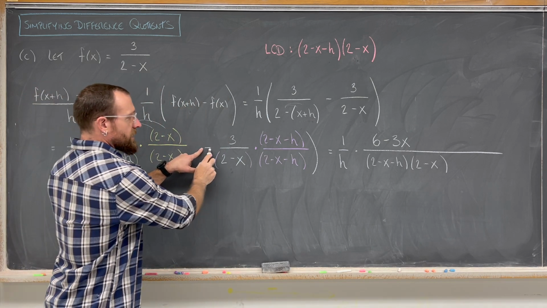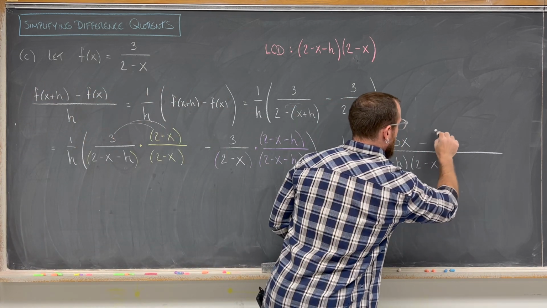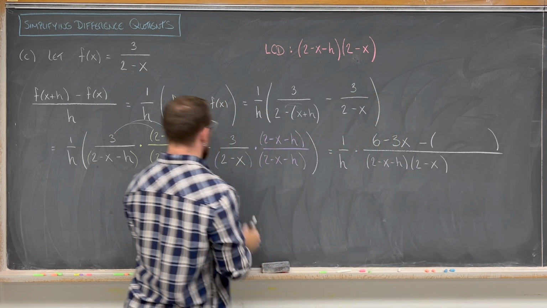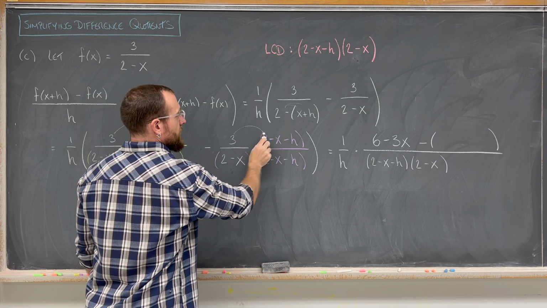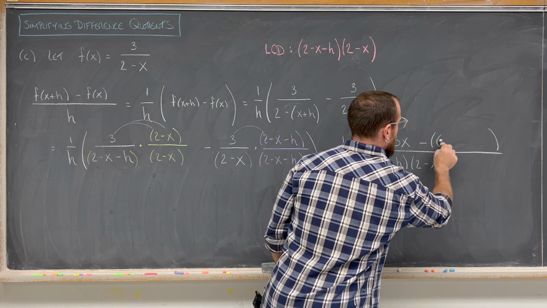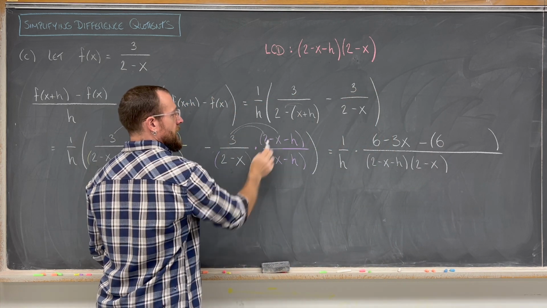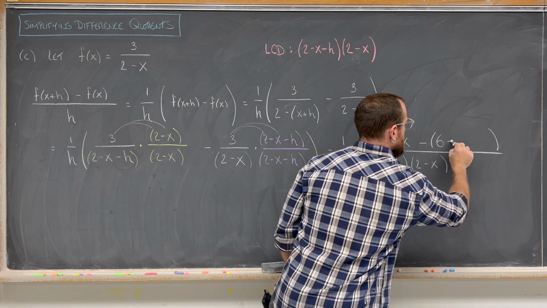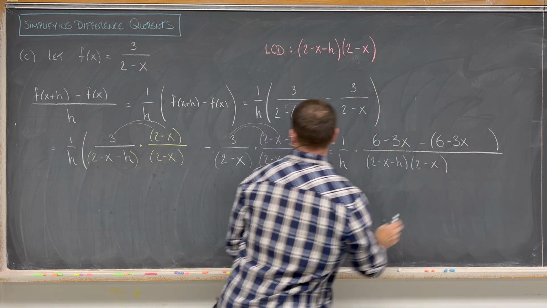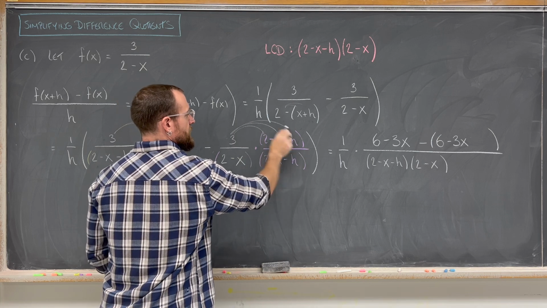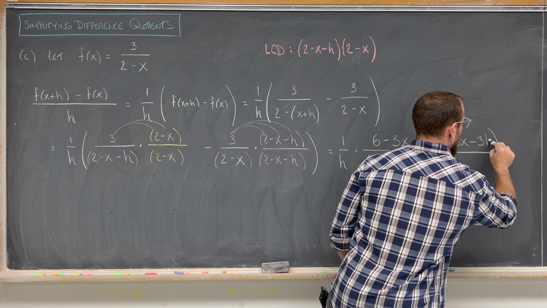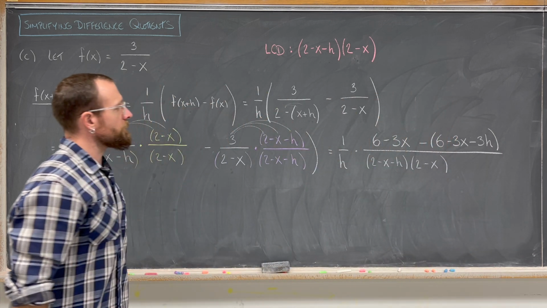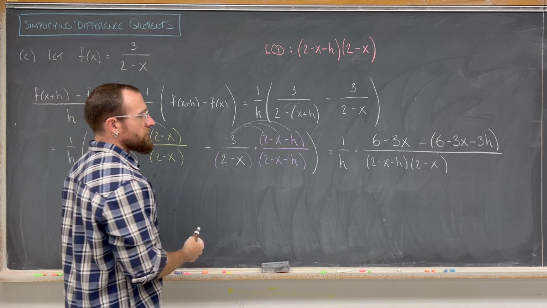And then we're subtracting something. Okay, we're subtracting all of this. What is all of this? Well, we have 3 times 2, that's 6. 3 times negative x, that's a negative 3x. And a 3 times negative h, that's a negative 3h. Okay? All right, that's where I'm at.